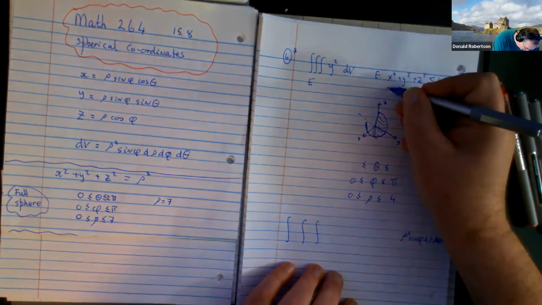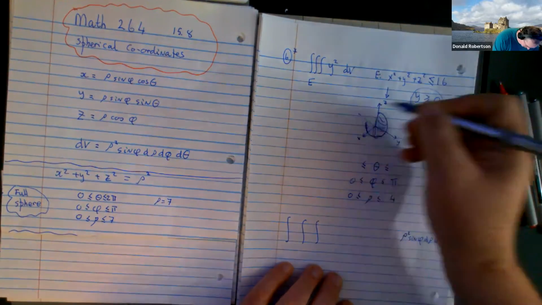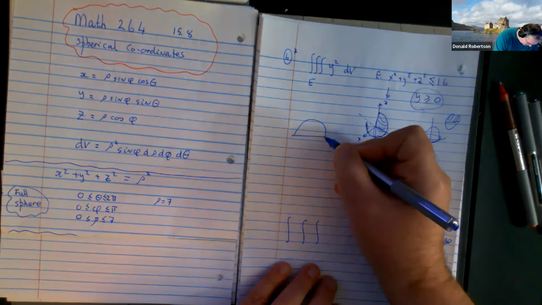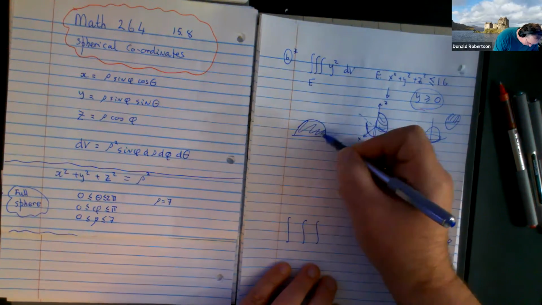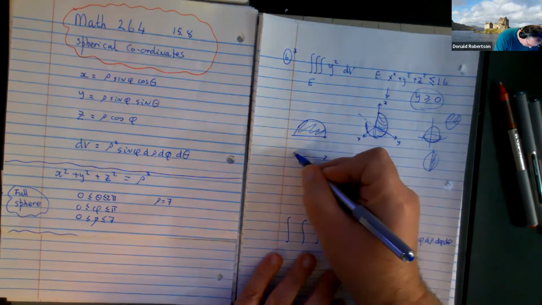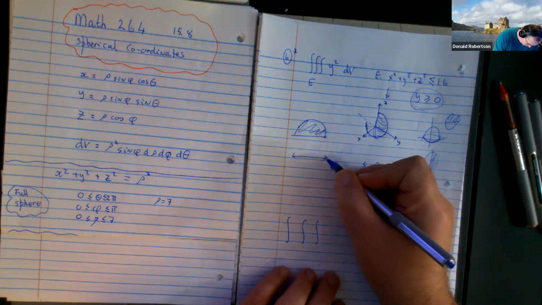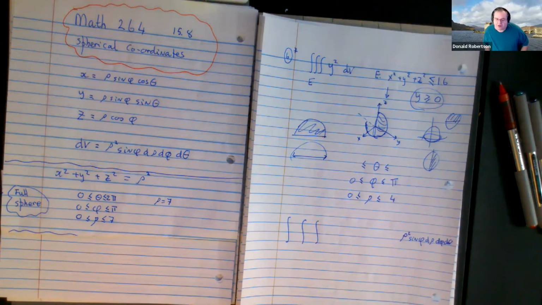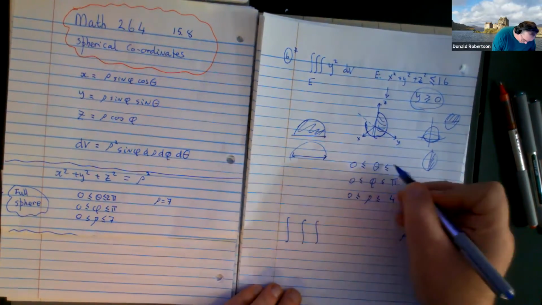Now, if you look at this shape vertically above, right, what you would see, got to get my orientation right. Actually, I was right the first time. It was that shape. You'd see that. And that takes theta from 0 to pi.